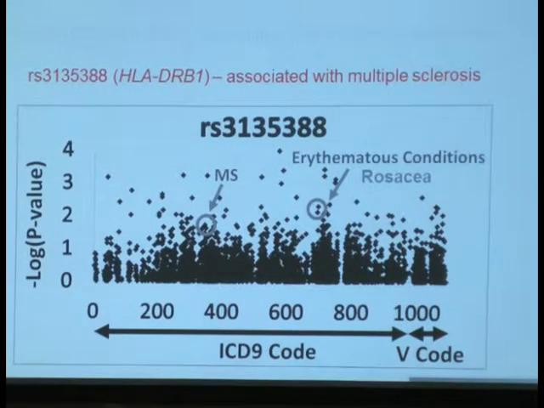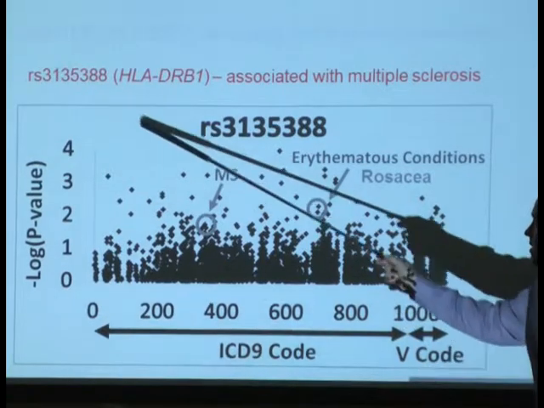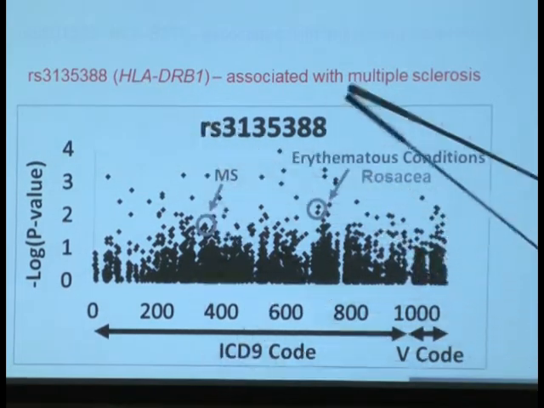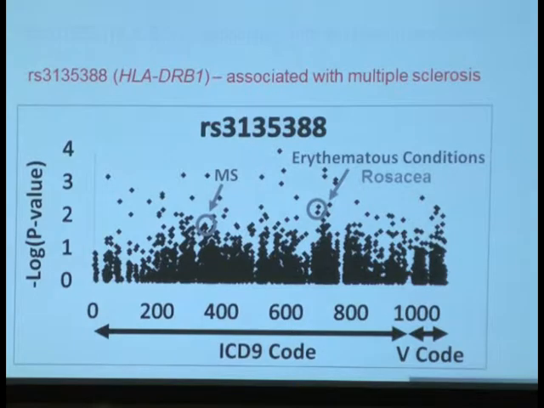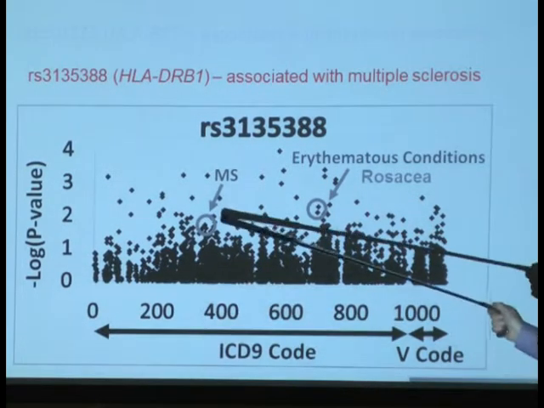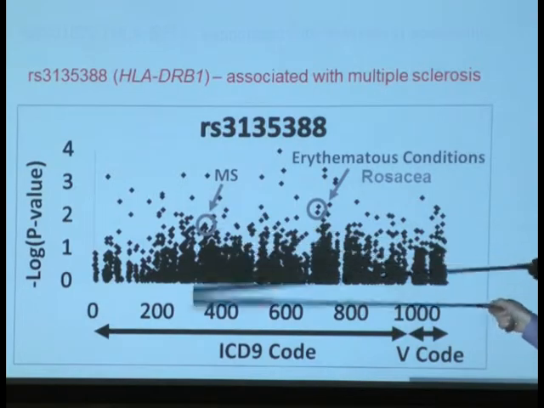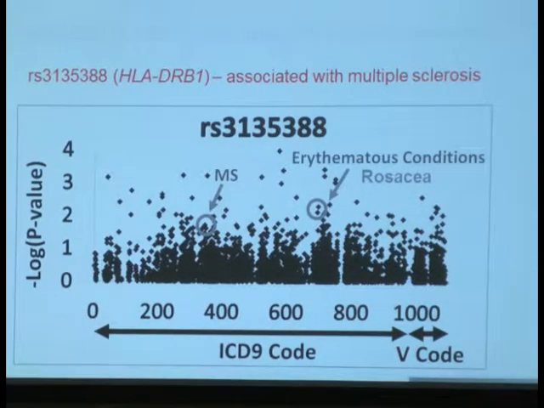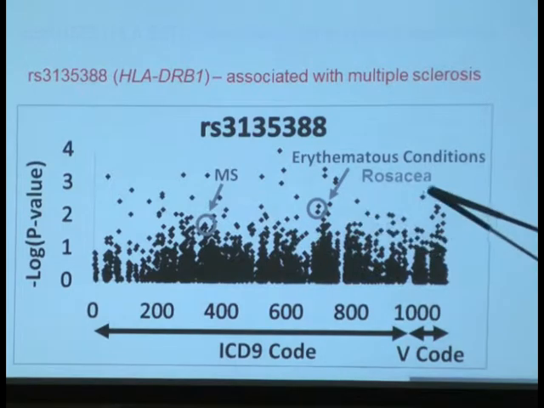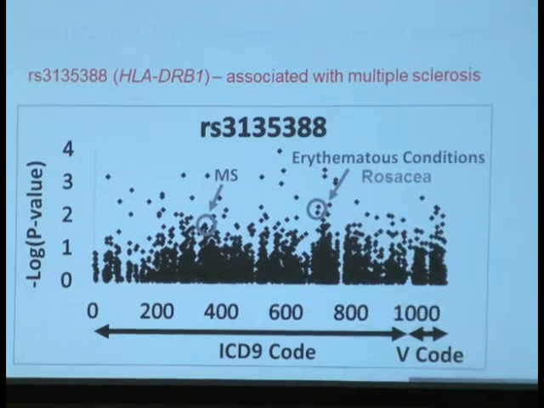Now the last example, another variant within these HLA genes, is known to be associated with multiple sclerosis. So in statistics, this would not necessarily be considered significant if you take into consideration all these other linkages that we've measured. So if you flip a coin 1,000 times, there's probably a chance that you're going to get heads 10 times in a row.